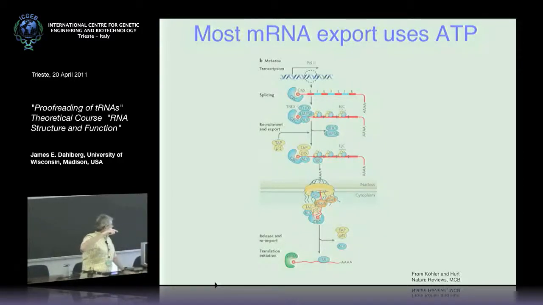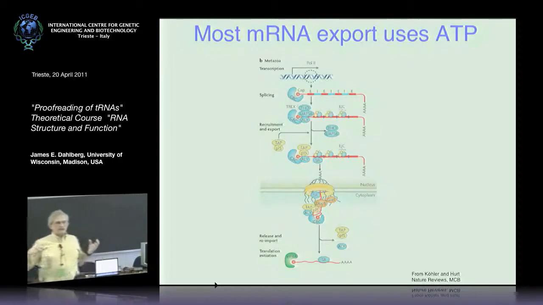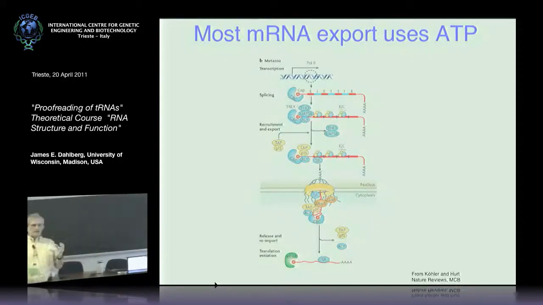Here's TAP and P15 that go on to the whole complex. They come through the nuclear pore complex, and it's thought that they're responsible for actually taking it through this pore. There are very important other proteins that are involved on the cytoplasmic side of the complex called DBP5 and GLE1. DBP5 is an ATPase, and the ATPase activity is responsible for release of the messenger once it comes into the cytoplasm.